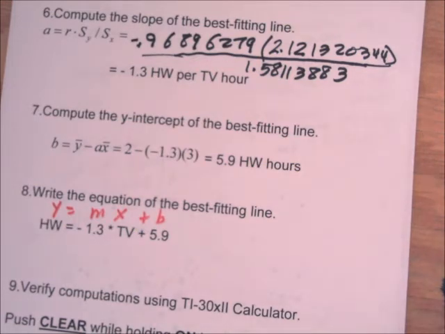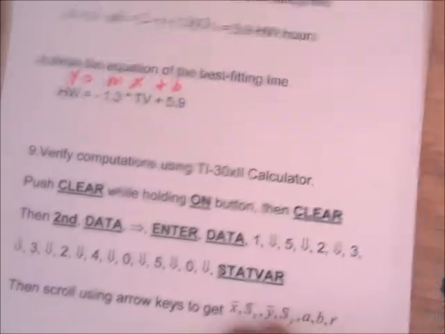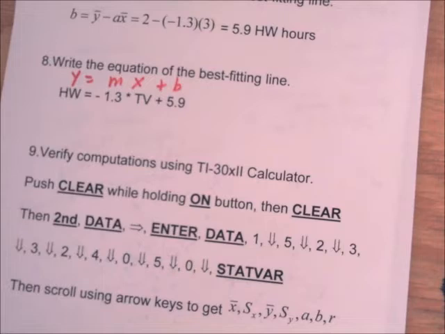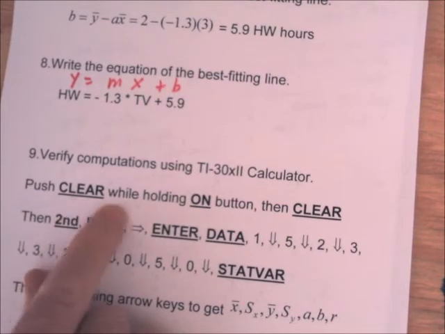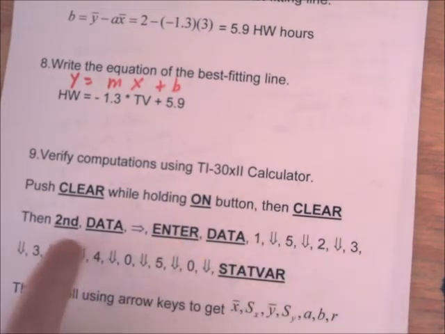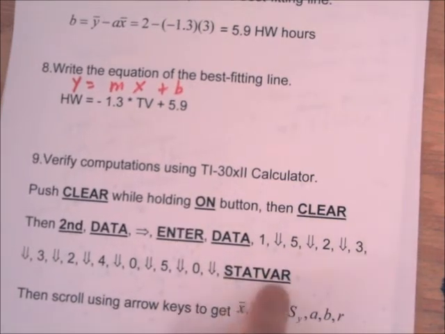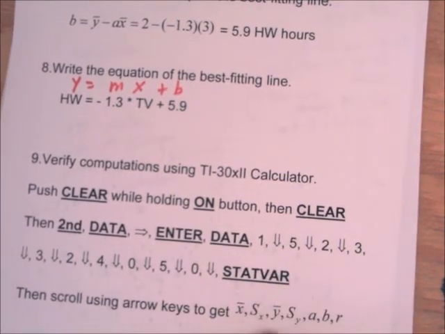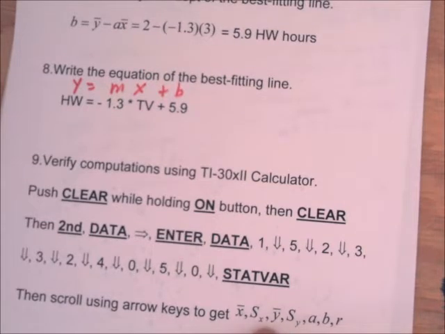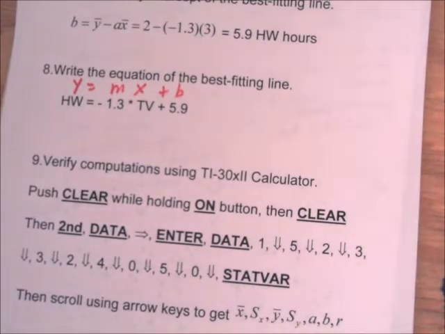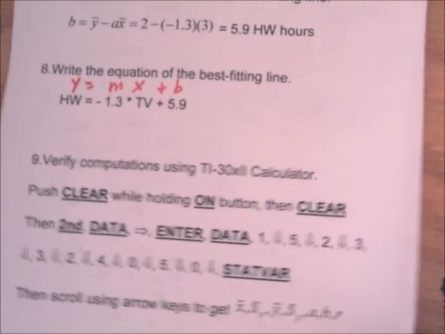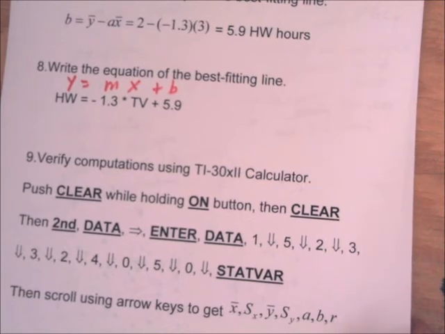We can also, now this is a lot of computation, you can check your work on the calculator. You push clear while holding the on button, then clear, then second data, right arrow, enter data, and put in all the data, push that bar, and then you can scroll over to get the mean and standard deviation of each variable, and also A, B, and R. So you can use a calculator to verify your information.